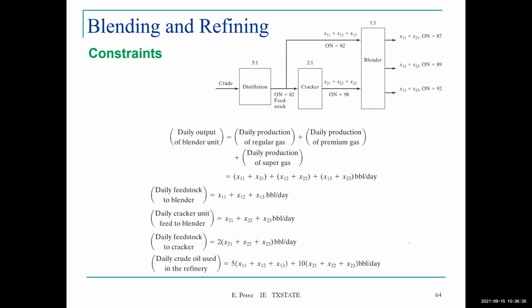And the daily crude oil used in the refinery is going to be 5 crude oil barrels to 1. So it's going to be 5 times (X11 plus X12 plus X13). And then for this one, you need double, 2 times that. So that's going to be 10 times (X21 plus X22 plus X23) barrels a day. So we're basically going backwards to find the requirement input for each one of the processes.